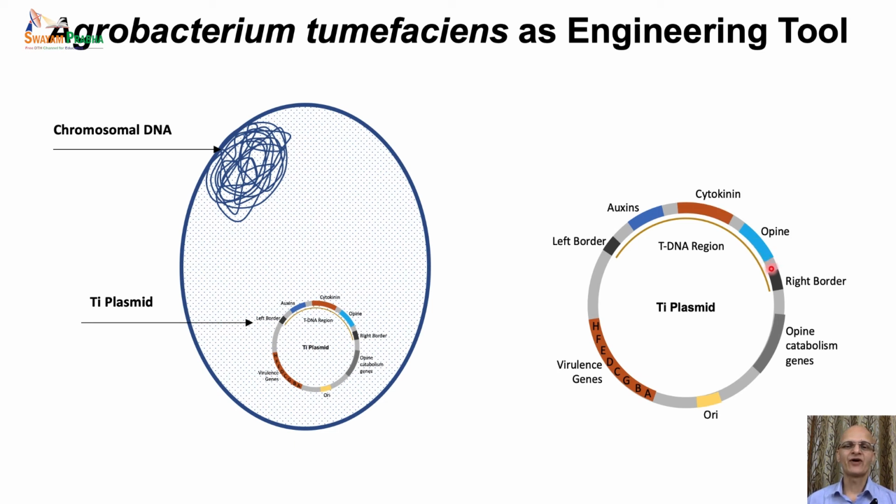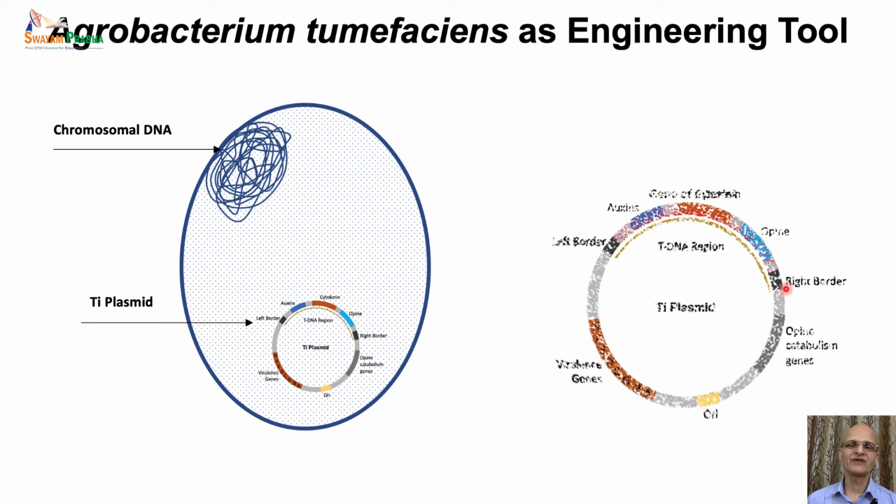So for the whole process, it does not matter what kind of DNA is present between these borders. If the borders are intact, transfer process or the preparation of the tDNA will take place, and transfer will also take place normally.